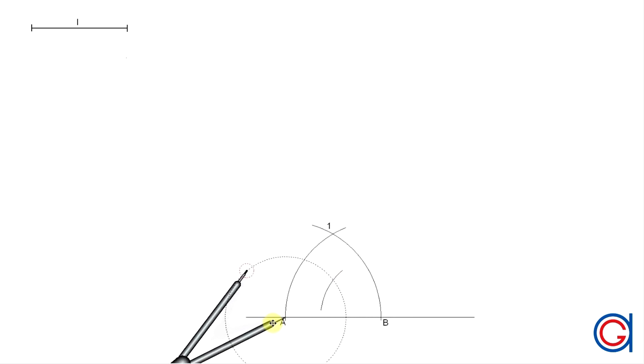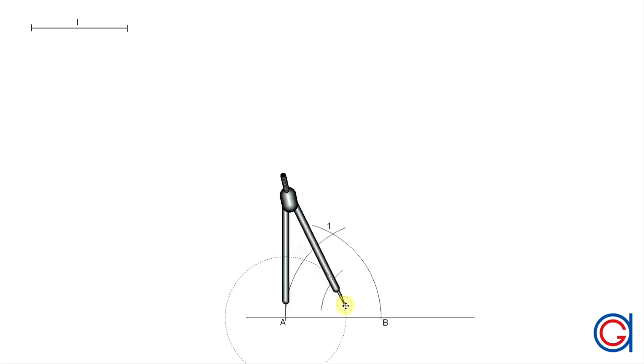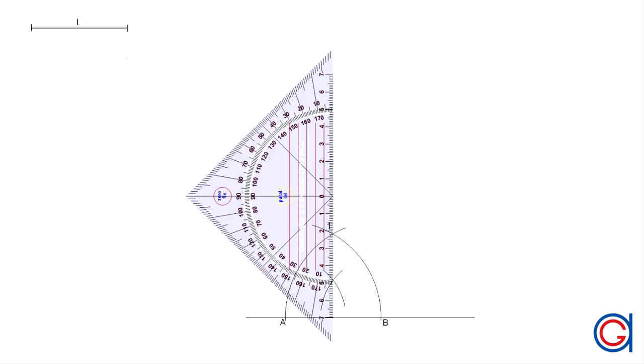And now we scribe our second arc, cutting the previously drawn arc. Now we draw a vertical line through the two previously drawn intersecting arcs, as shown here.